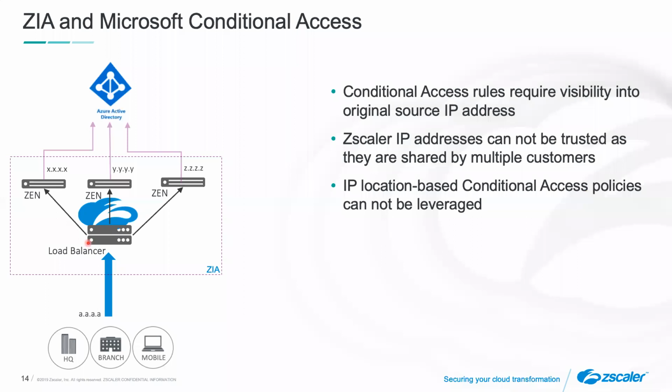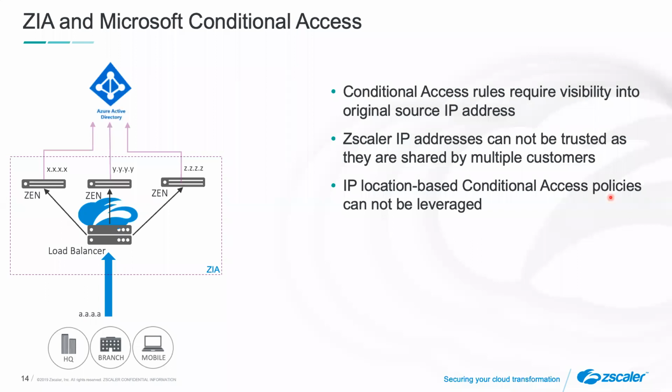And when Zscaler is involved, your original source IP is not retained. It is converted into one of the ZEN IPs. So this conditional access architecture breaks in this scenario. So that is really the problem that we are trying to solve.